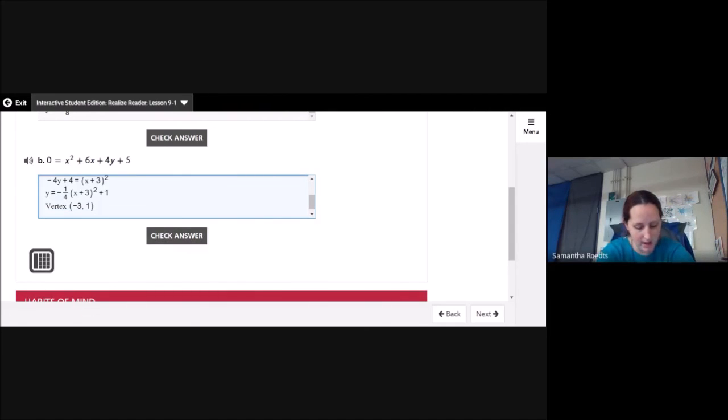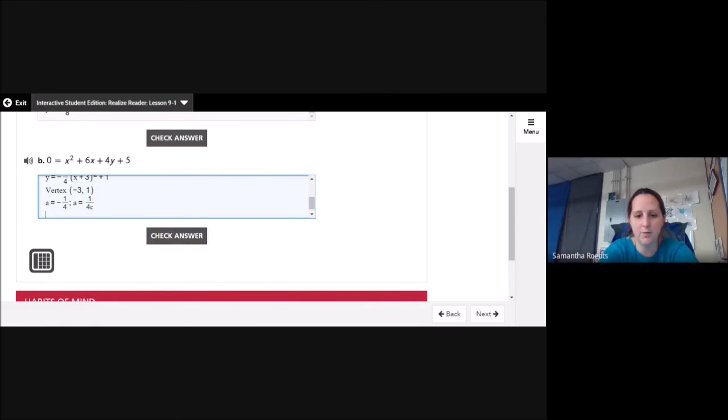Again. Okay, and then I'm solving for my focus. So again, a equals negative 1/4. Remember, a equals 1 over 4c.